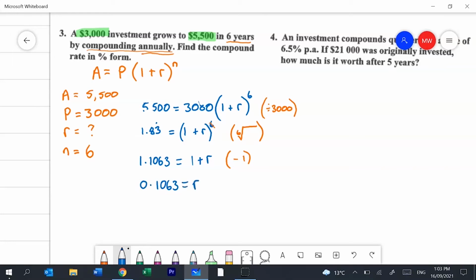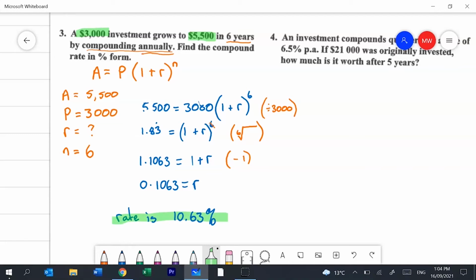And remember that what that means is that the rate is 10.63%, because we always have to express our rate when using this formula as a decimal.